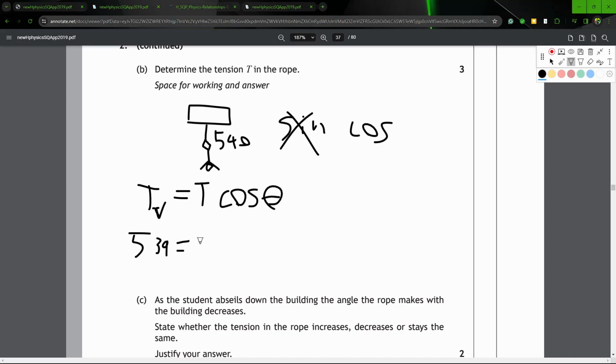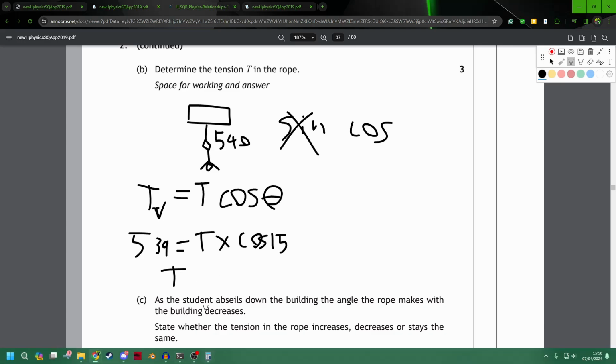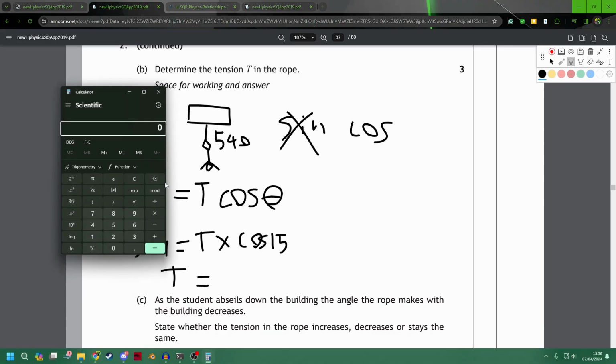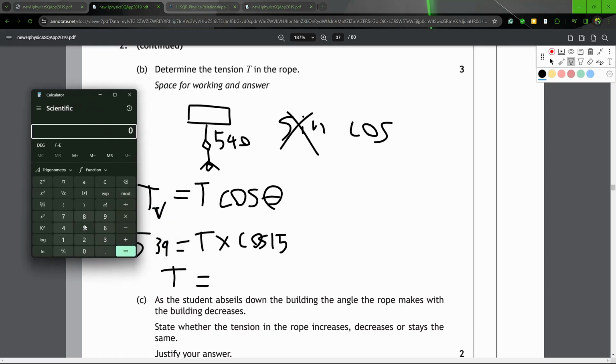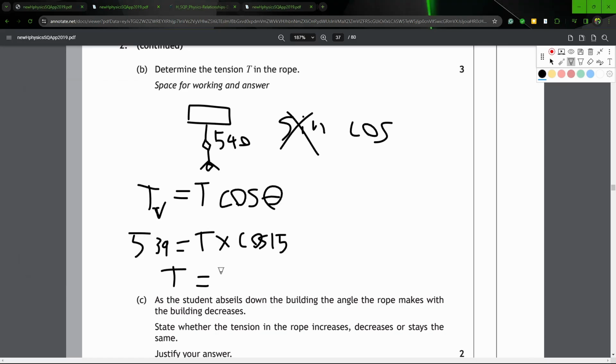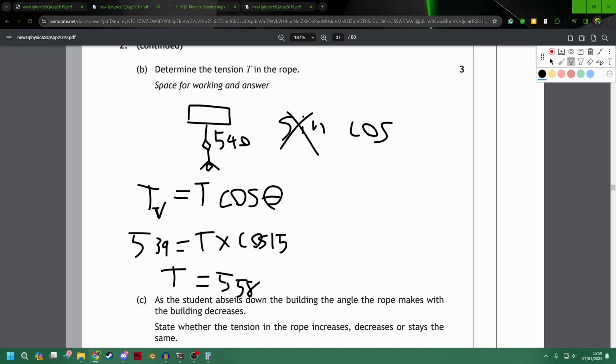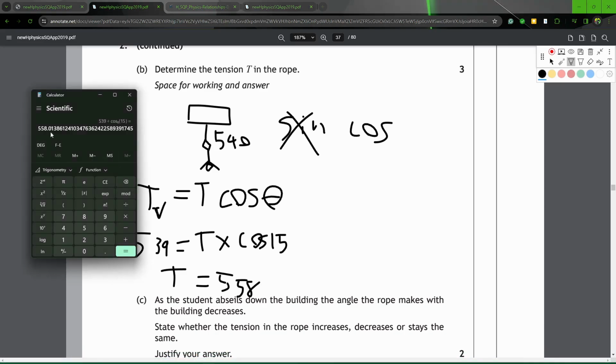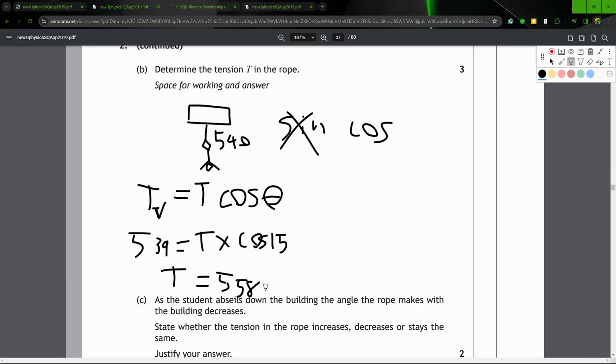We don't know T, but we do know cos theta because that's 15 degrees. Fantastic. Then if we just do some basic rearranging, we can figure out T, original T. So we put 539 divided by cos 15. What do we get? We get 558. It's 0.0, so I'll just leave it as 558 newtons.